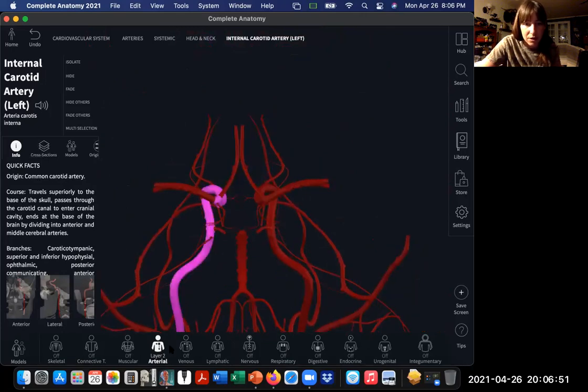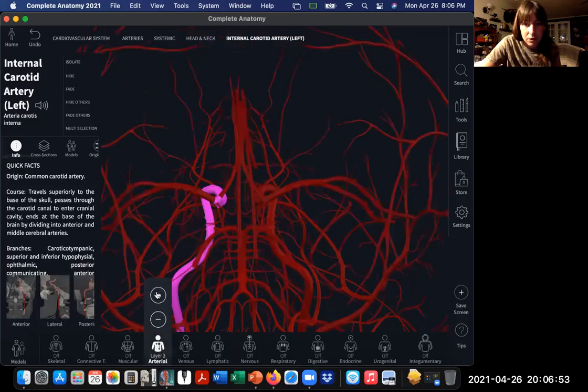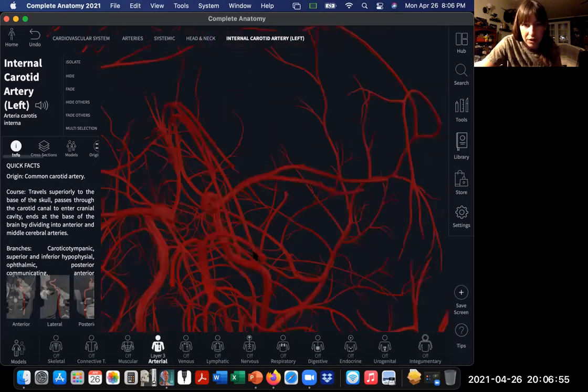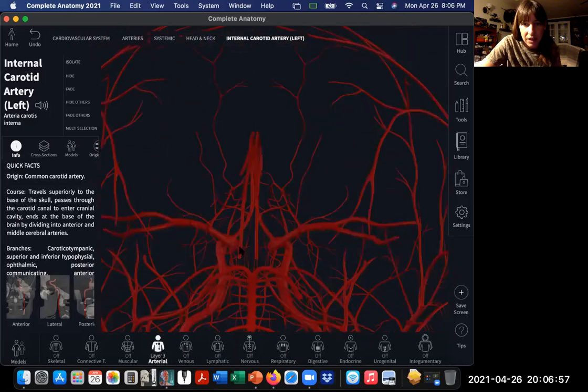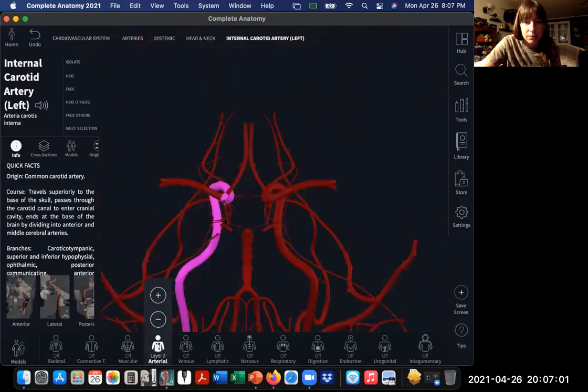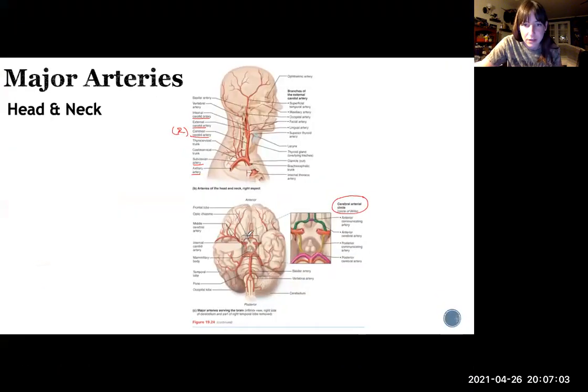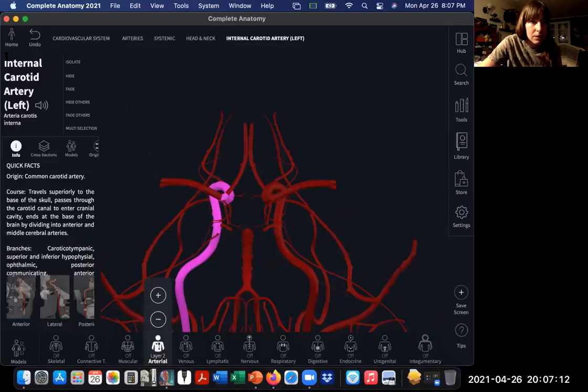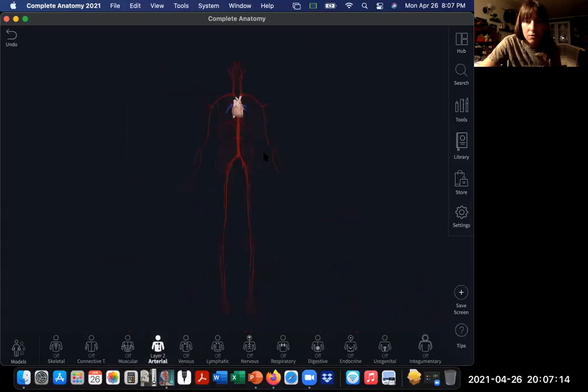We're just missing some parts of it. Oof, and it gets too complicated here to really see it that well. Right here. Okay. So trust me, it's there. In the middle of your head. Okay.